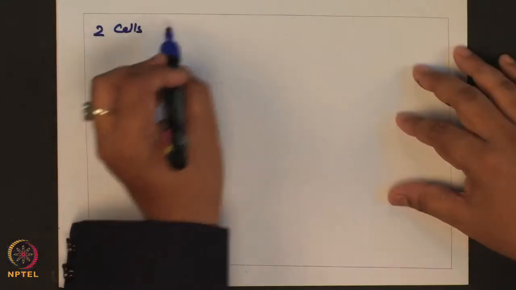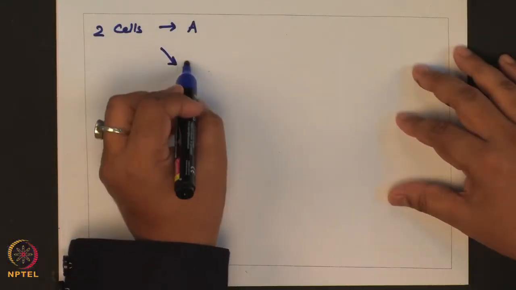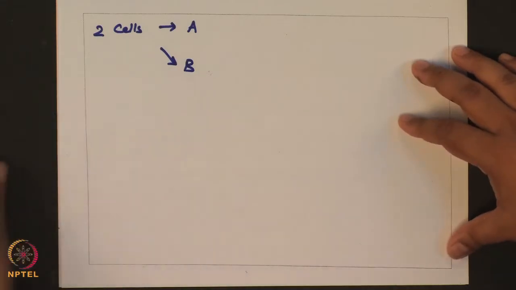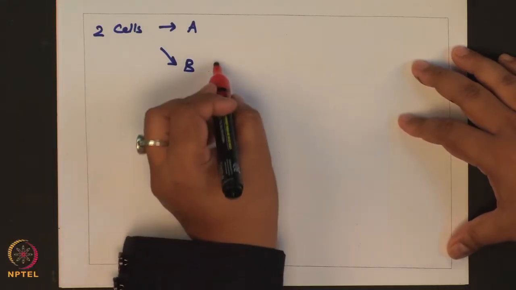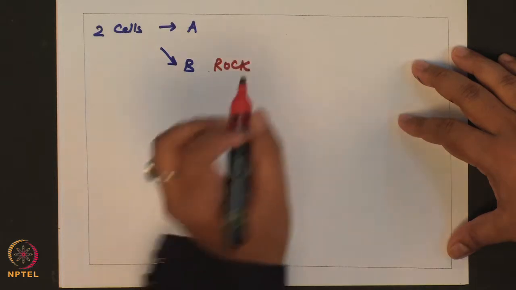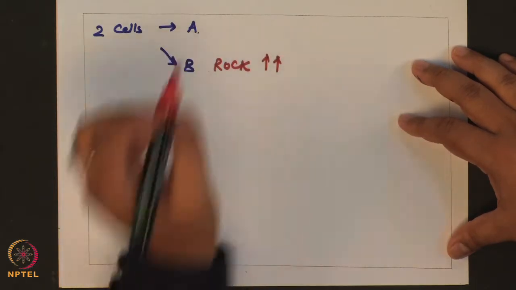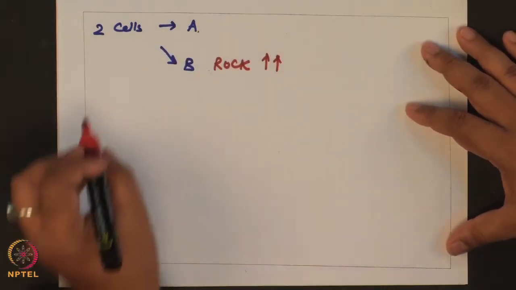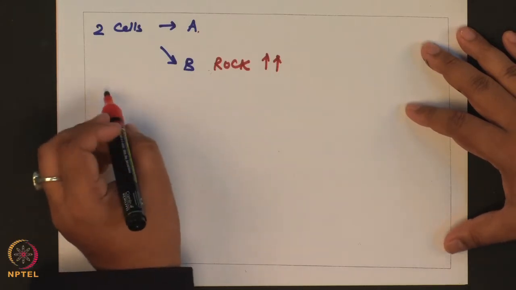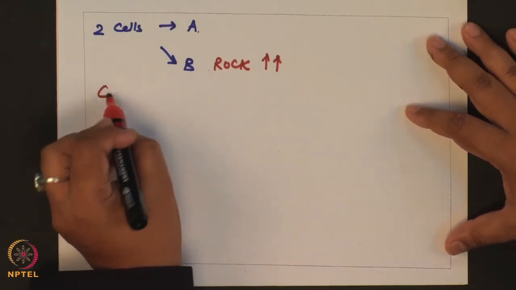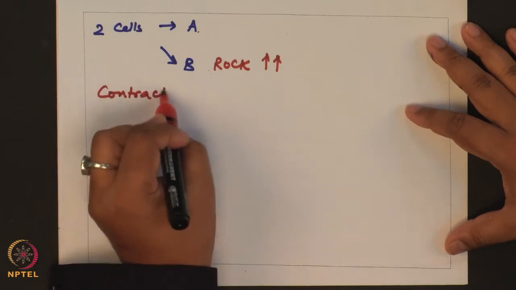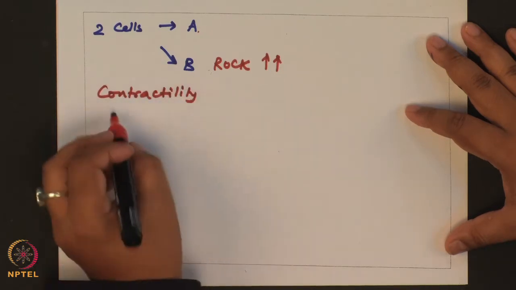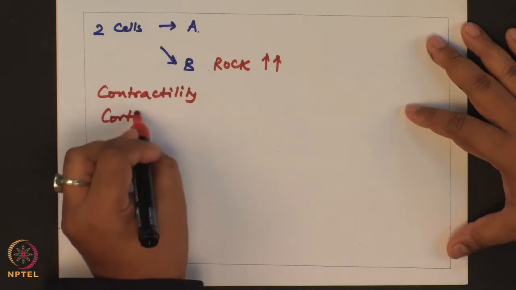One more example I would like to take. Imagine you have two cells, cell type A and cell type B, and let us say in cell type B your Rho kinase activity is upregulated compared to cell type A. You have two metrics of mechanoadaptation, contractility and cortical stiffness.